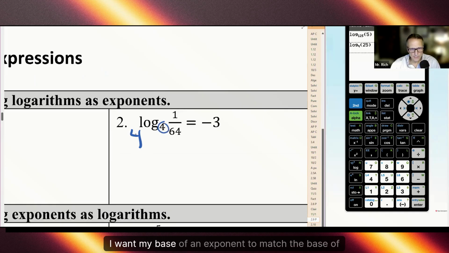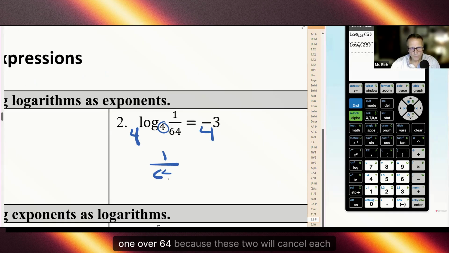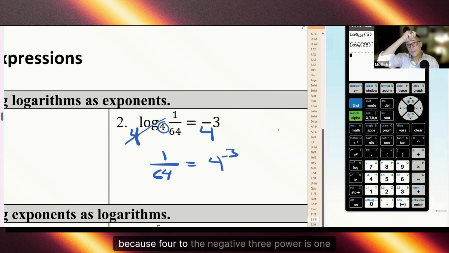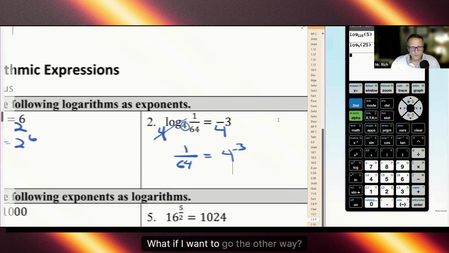I want the base of the exponent to match the base of the logarithm. So I raise 4 power on both sides. This leaves me 1 over 64 because these two cancel each other out. That's equal to 4 to the negative 3. Of course it is, because 4 to the negative 3 power is 1 over 4 to the third, which is 1 over 64.